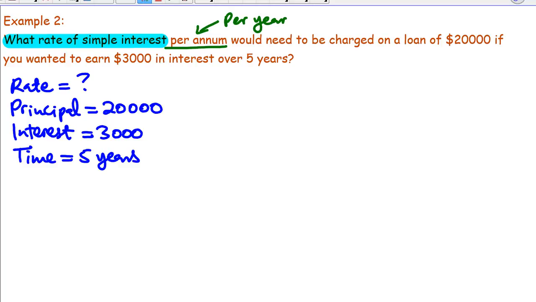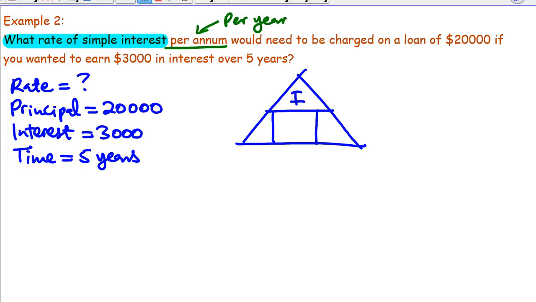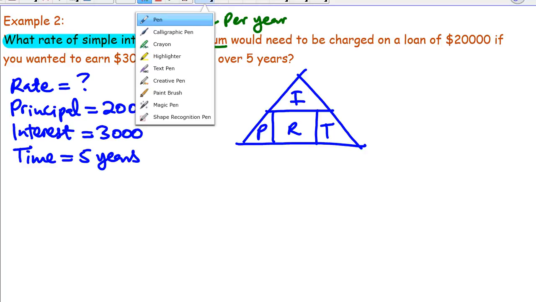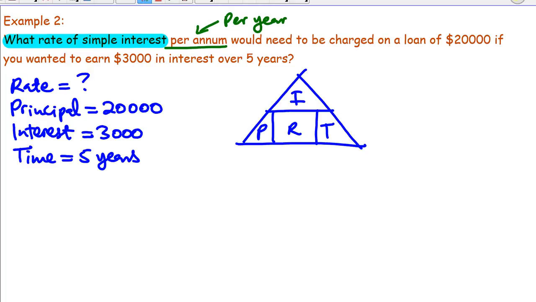So again, what you have to do is produce your little triangle here that will help you. Interest is equal to PRT. What you're looking for is rate.